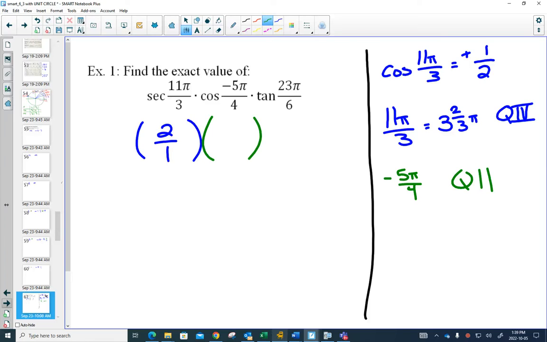And I already know cos of my pi over 4 family is root 2/2. But since it's in quadrant 2, cos will be negative.